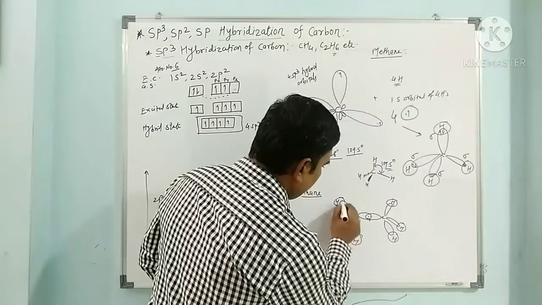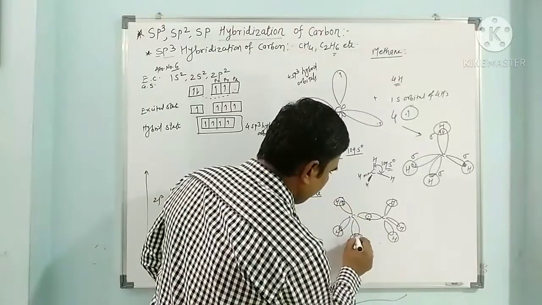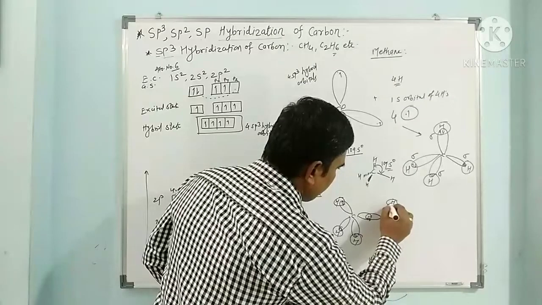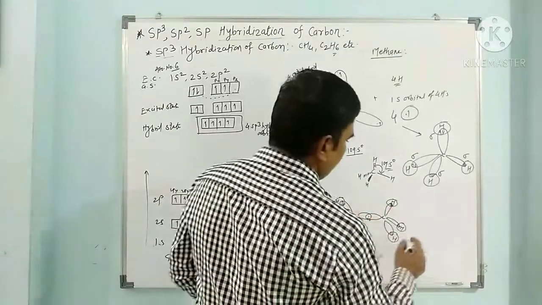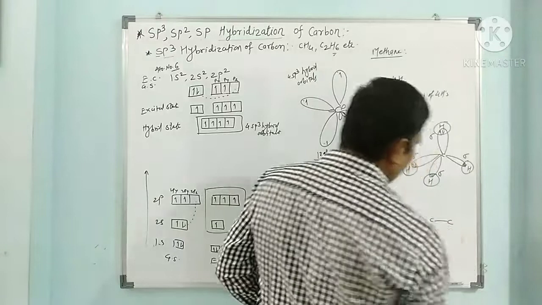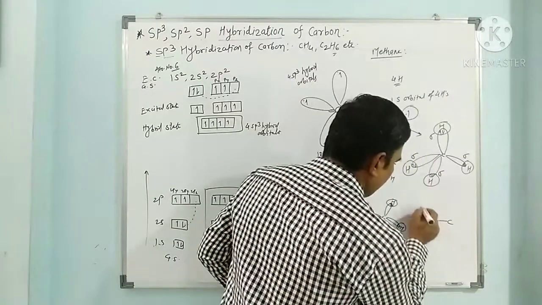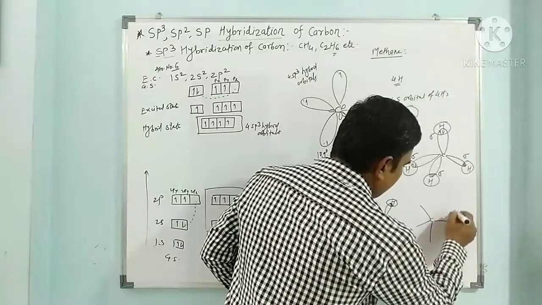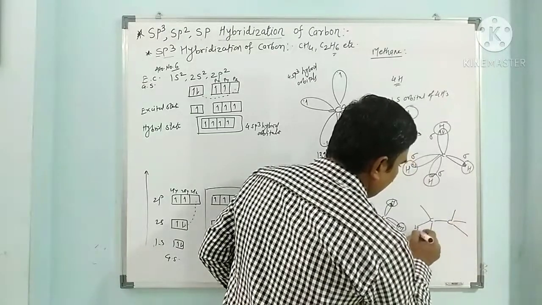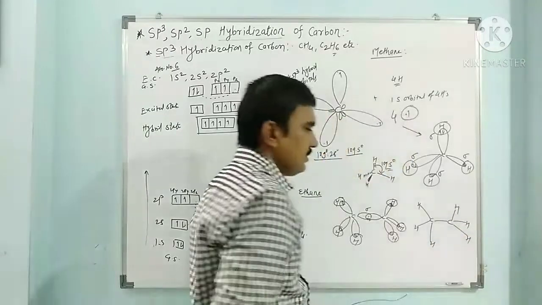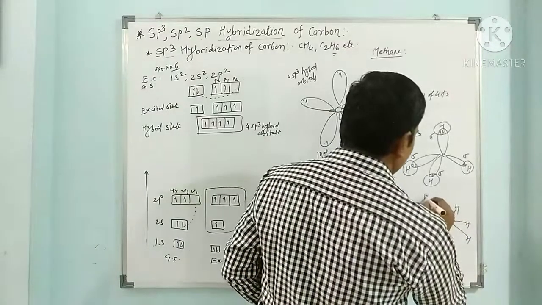So these are the sigma bonds between carbon and hydrogen. In this way, there is a carbon-carbon sigma bond, the C-C bond, and these are the 6 hydrogens, and here this is the ethane molecule.